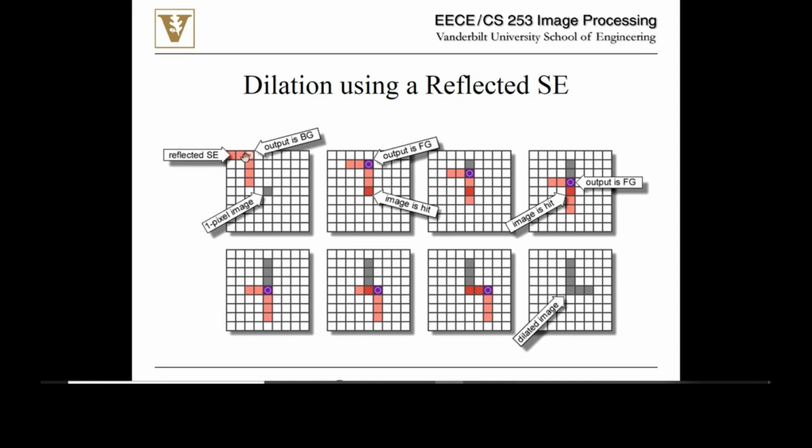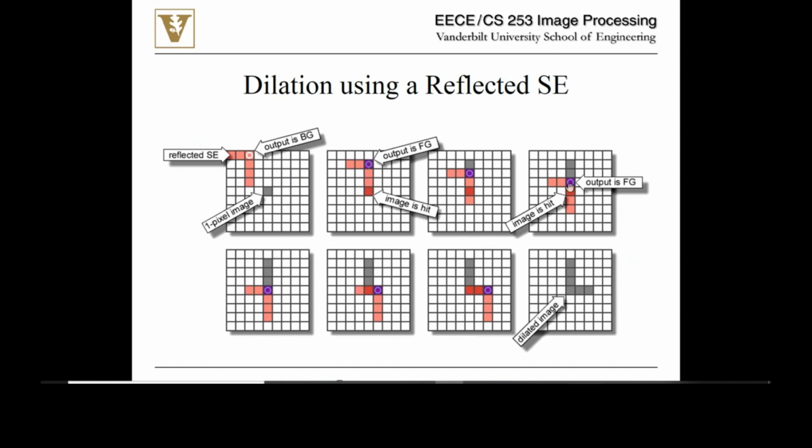Okay. So this one, the intersection is an empty set, so that location will not belong to the dilated. And what about this one? If I place the structuring element here, it has an intersection with this foreground pixel. So this location will belong to the dilated.